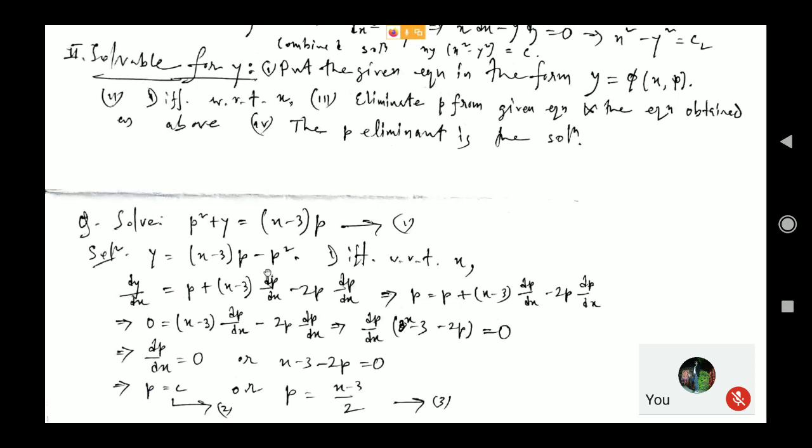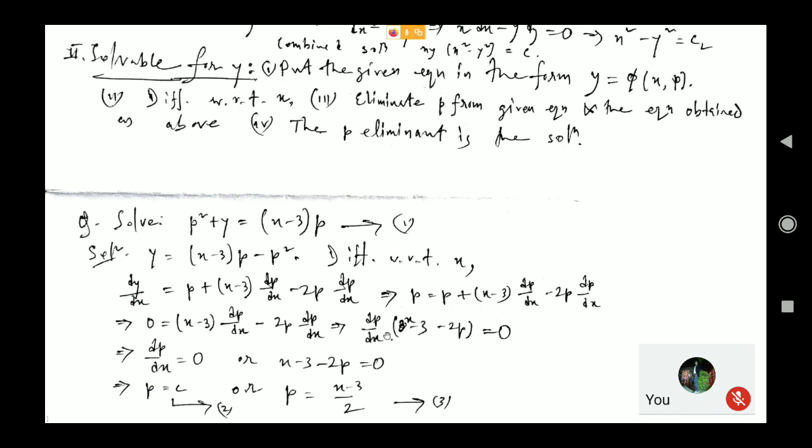Solvable for y. Next step is differentiate both sides with respect to x. So here you have dy/dx. Here, because there is a product of two variables, first p into derivative of this, which is 1, plus (x − 3) into derivative of this, dp/dx, minus derivative of this, 2p into dp/dx.